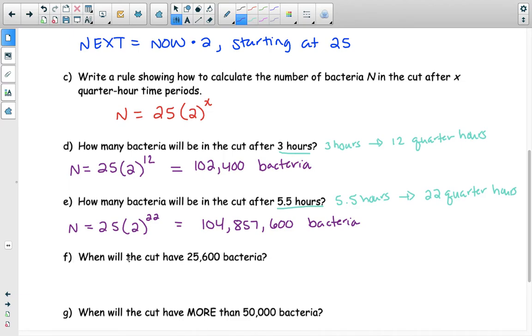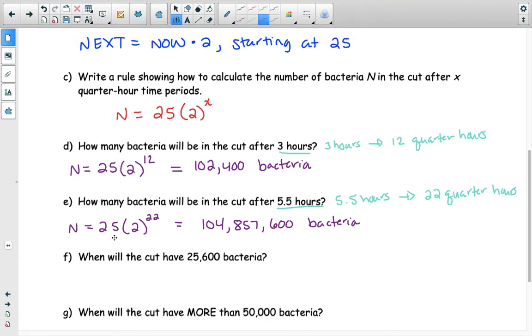Question F says, when will the cut have 25,600 bacteria? We want to graph this in Desmos or solve it out. So we have bacteria of 25,600.